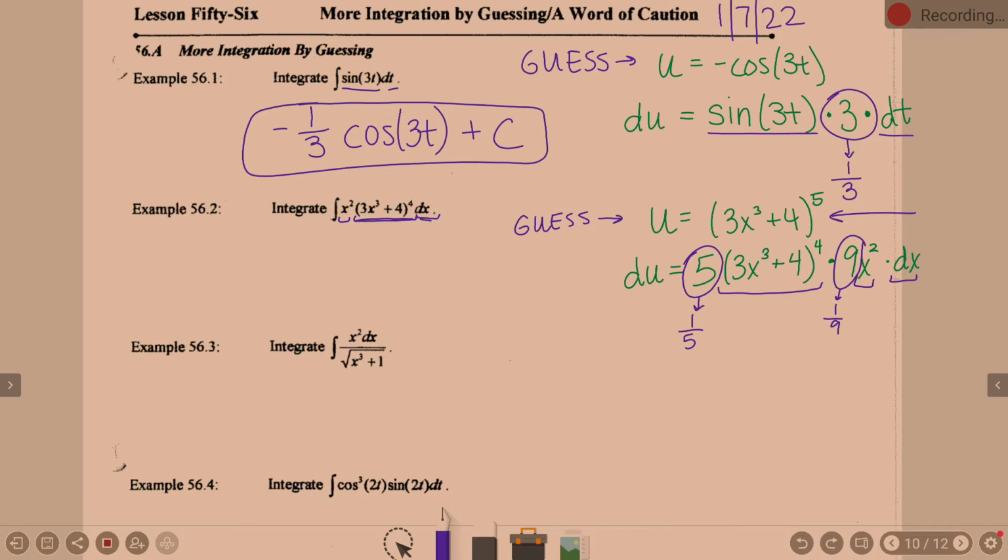Okay, so for an answer, 1/5 times 1/9 means I'm going to have 1/45 times what was my original guess? (3x to the 3rd plus 4) raised to the 5th, plus c, because it's an indefinite integral.